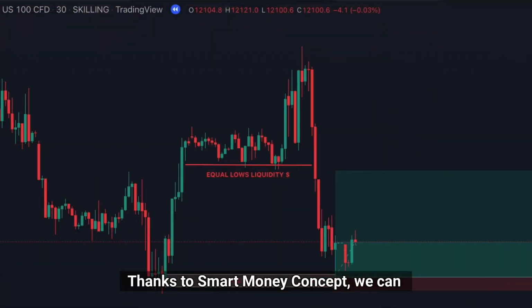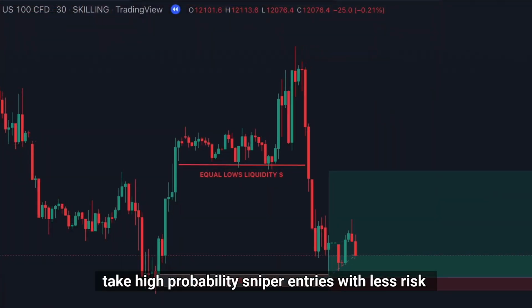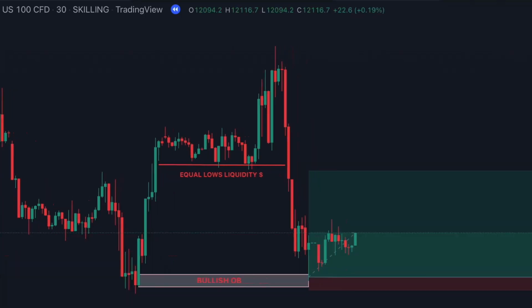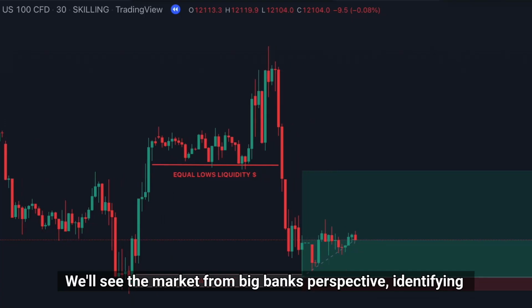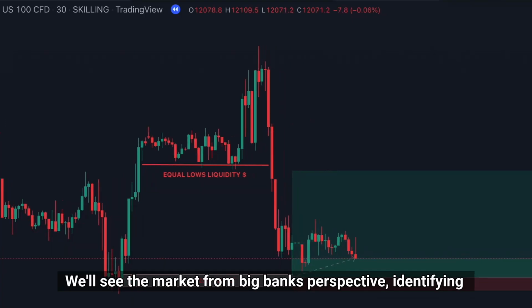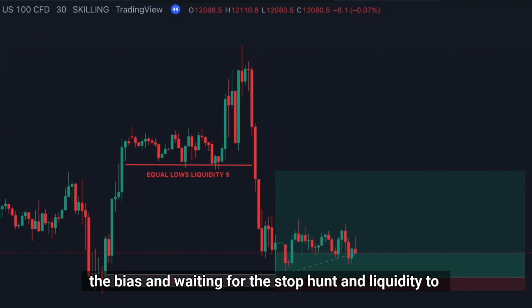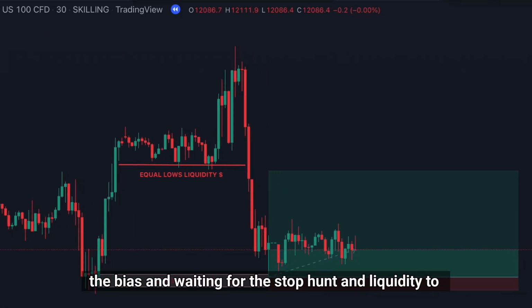Thanks to smart money concept, we can take high probability sniper entries with less risk. We'll see the market from big banks' perspective, identifying the bias and waiting for the stop hunt and liquidity to be grabbed before taking our trade.